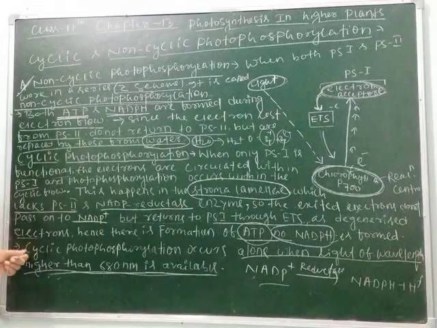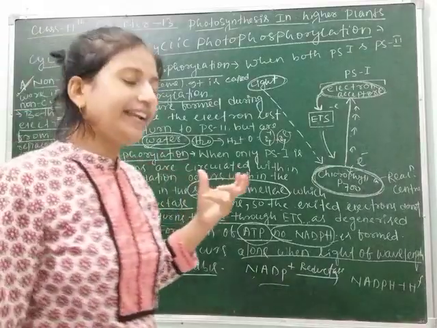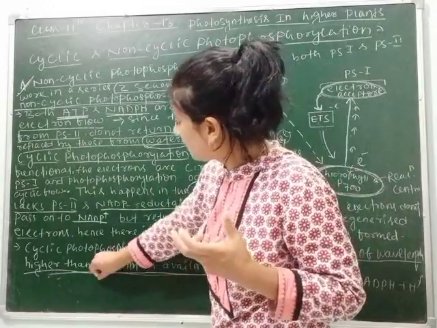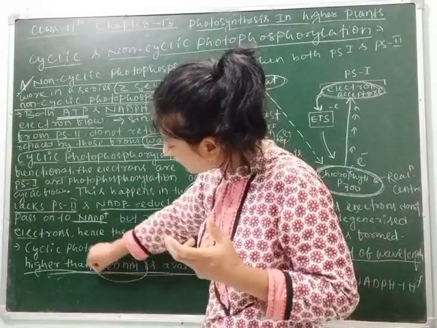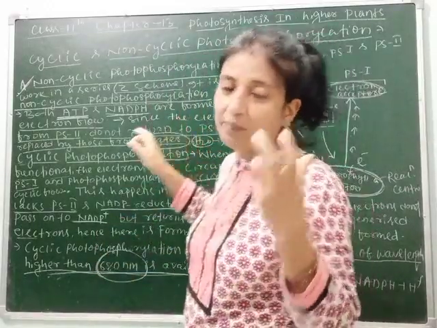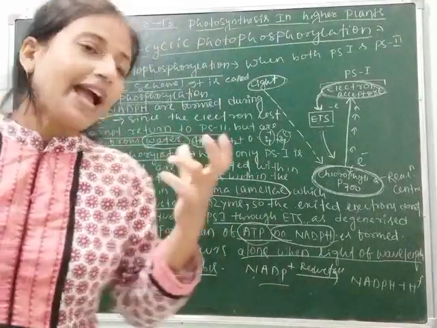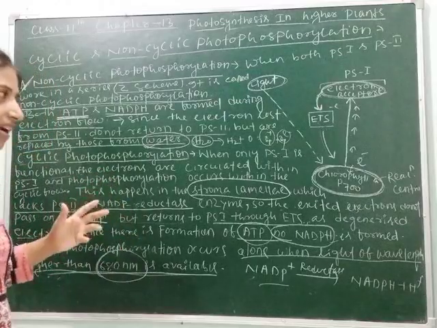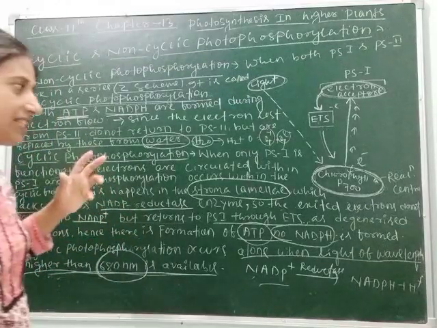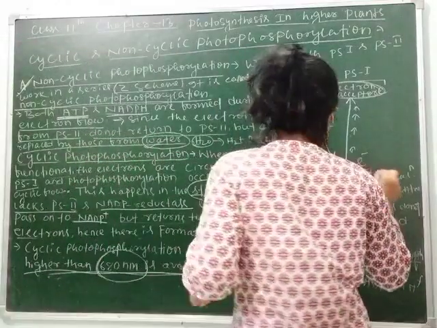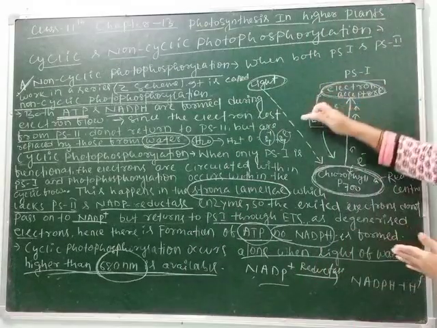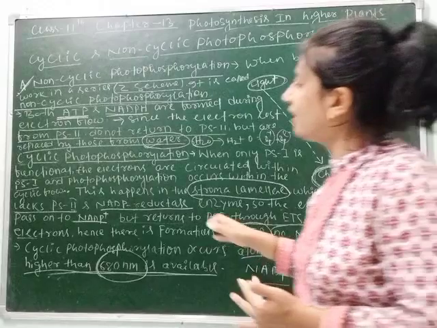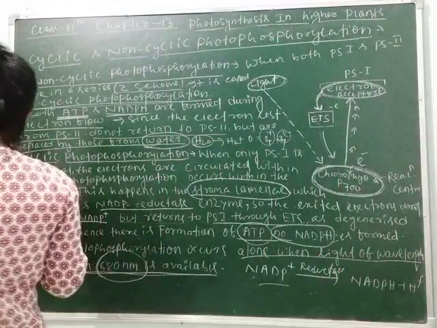So here you can see that the wavelength of light is more than 680 nanometers, but in non-cyclic both 680 and 700 nanometer range of light is trapped by the photosystems present in chlorophyll A, means for PS1 and PS2. So these are the main differentiating points between the non-cyclic and cyclic photophosphorylation.